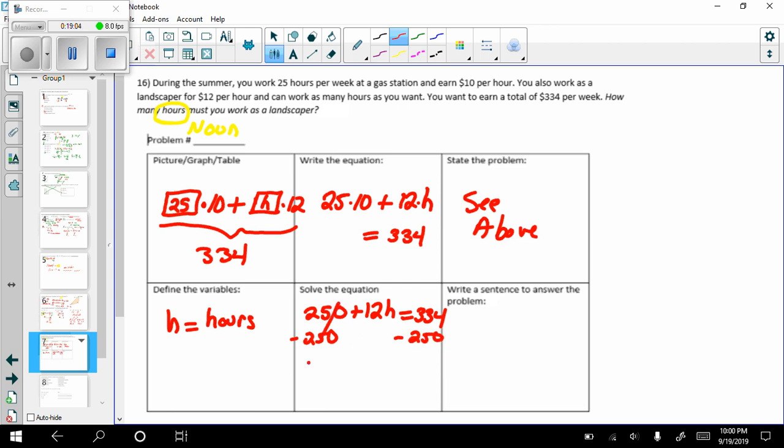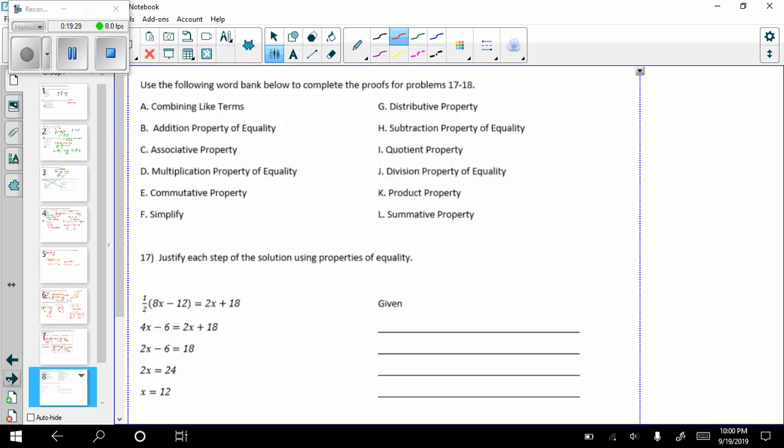This cancels. I get 12H equals 84, so H equals 7. You need to work 7 hours. And that's what you needed for that problem. A whole bunch of people got it right, and that was awesome to see. Okay, the last couple problems.